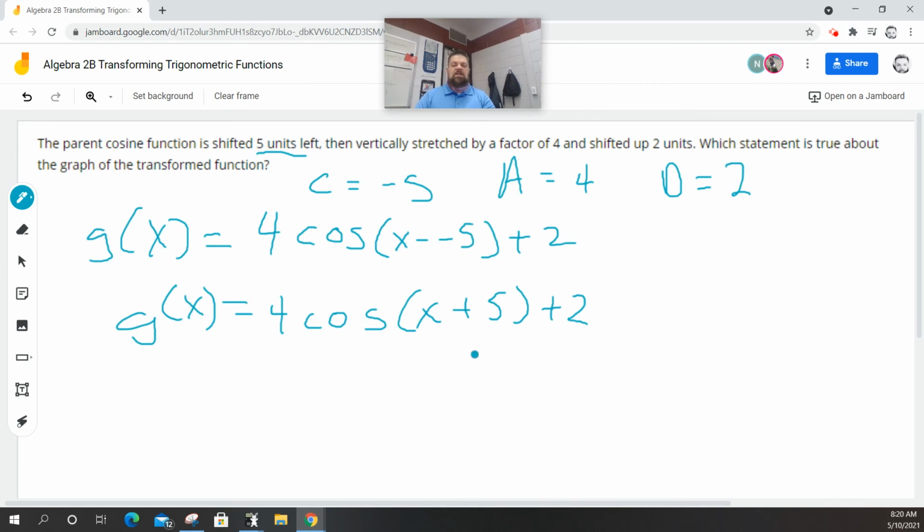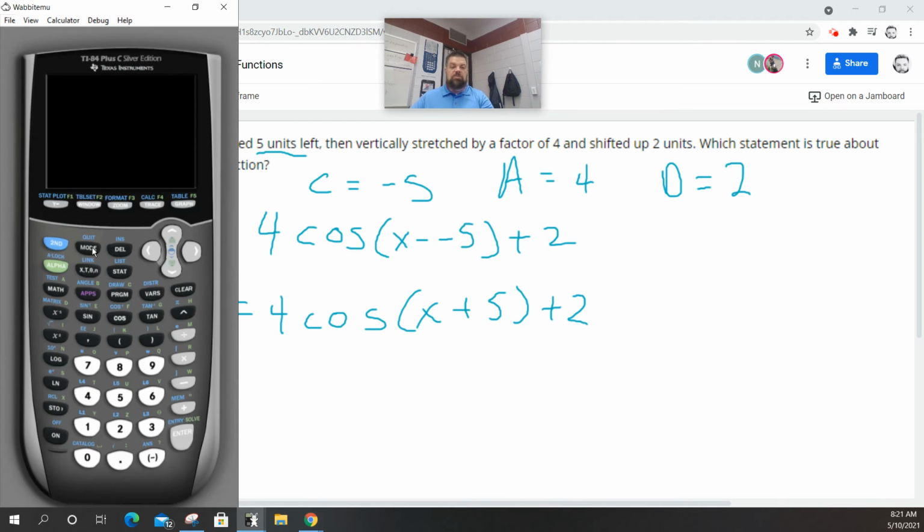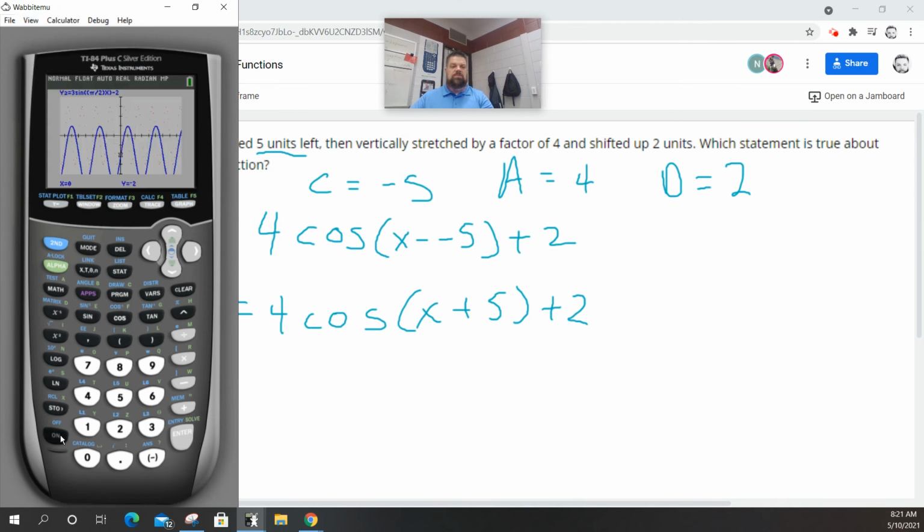What does this mean? There's a bunch of choices, but basically what they want to know is what's the midline of this thing. So to find the midline, let's just graph this graph.